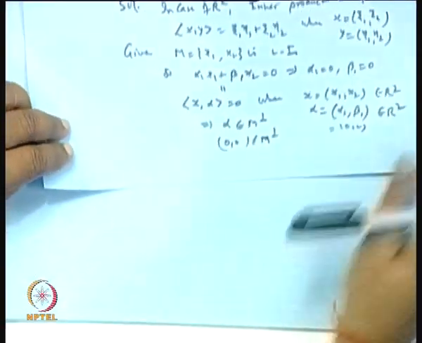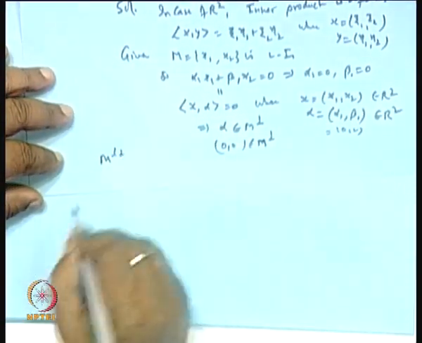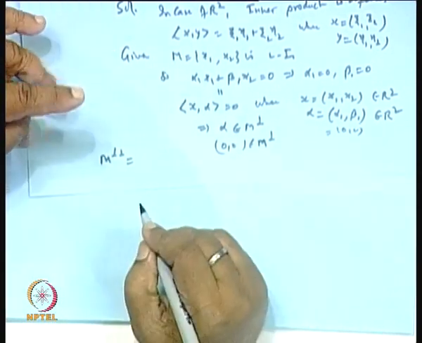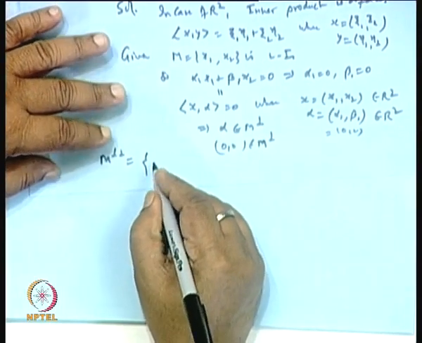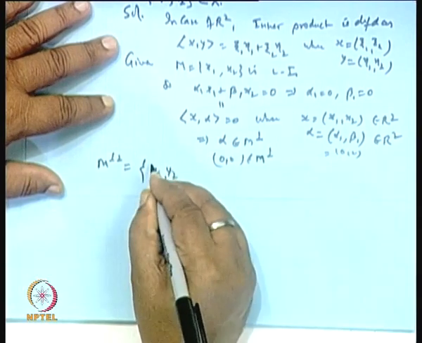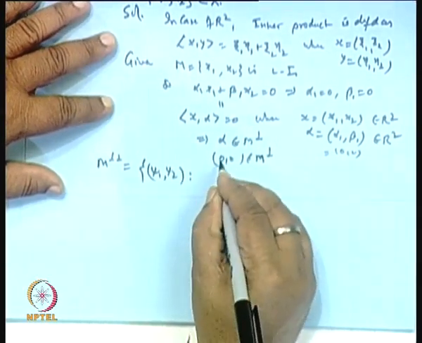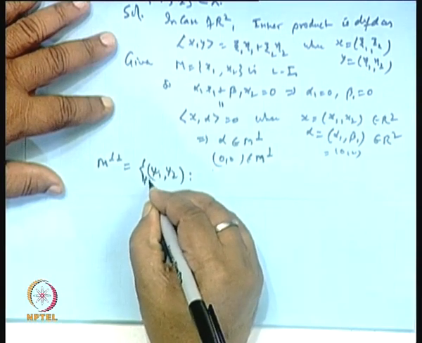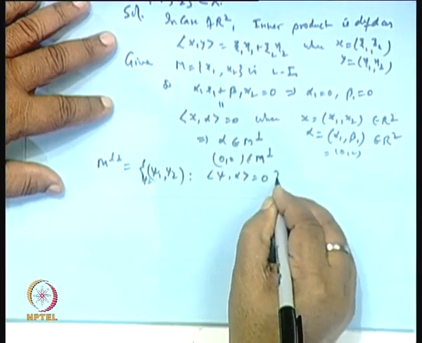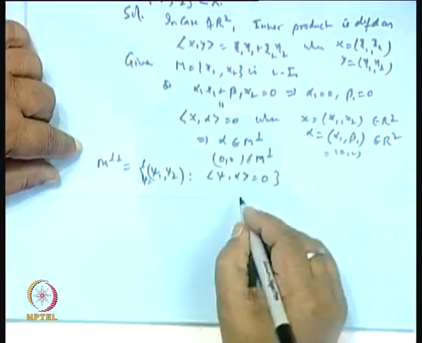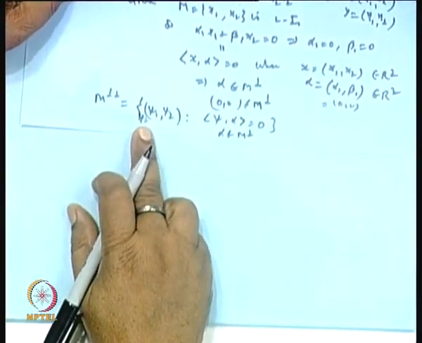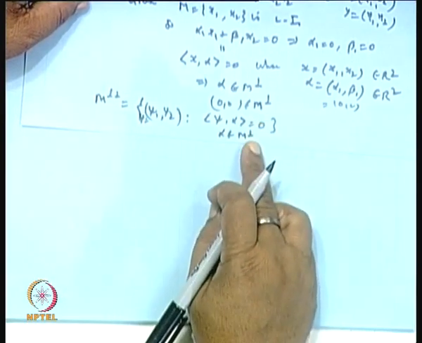Now, if we want the perpendicular of this set, M perpendicular is the set of those points, say I take (psi1, psi2), such that the inner product of psi and alpha is 0, because alpha belongs to M perpendicular.